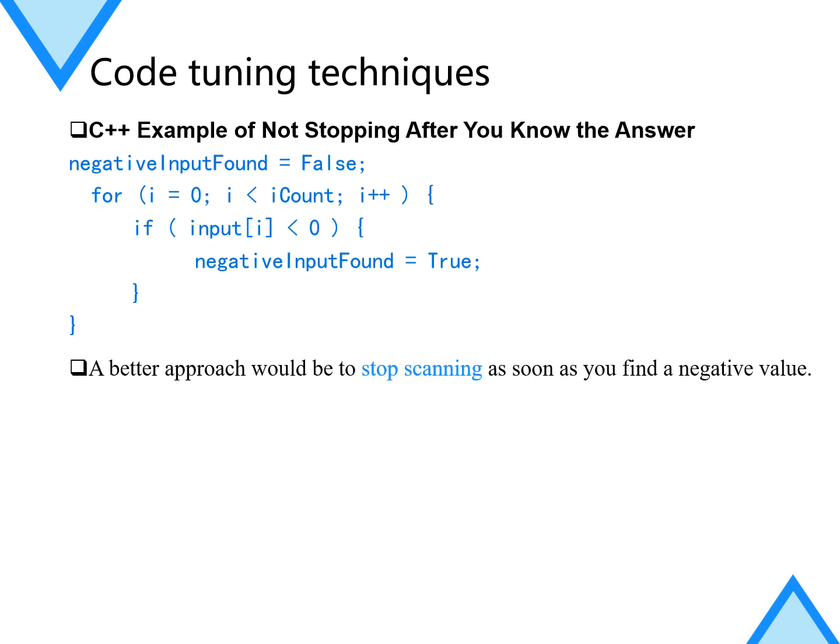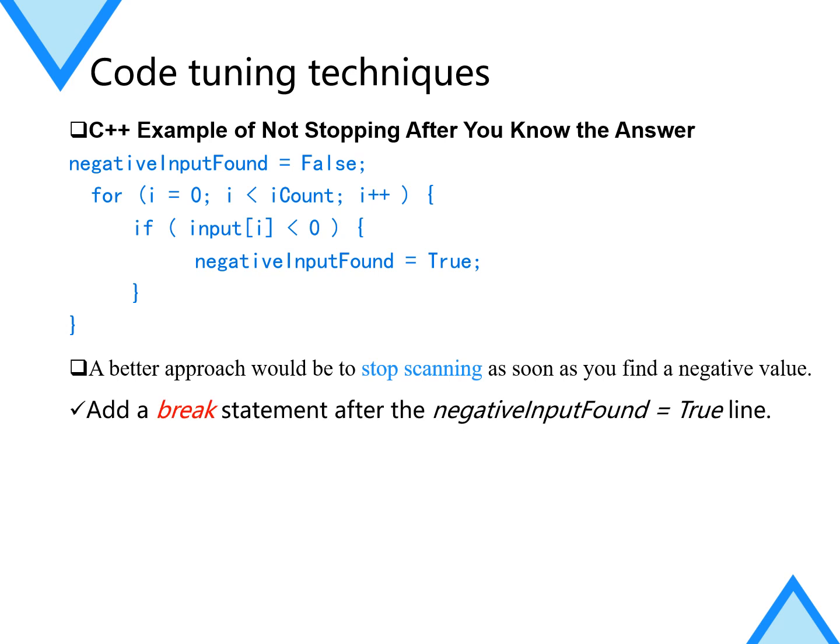A better approach would be to stop scanning as soon as you find a negative value. So after the last step, negative input found equal to true, we need some mechanism to stop the execution of the loop.